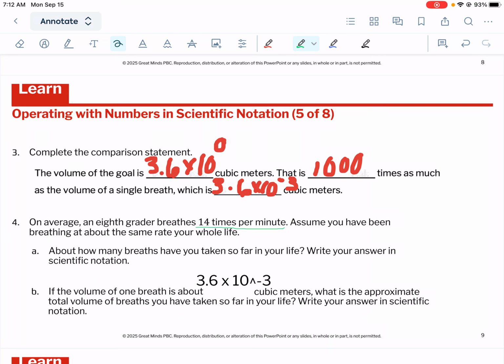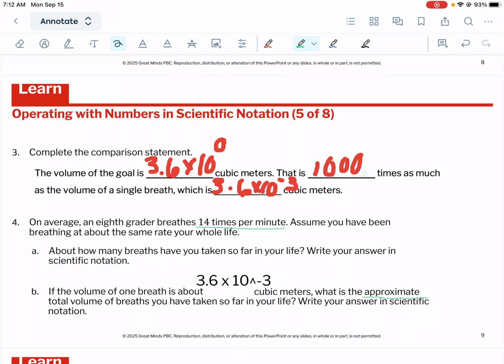If you're back and you have your answer in scientific notation, we're moving on to B. If the volume of one breath that you take is the same as the volume from the last example, 3.6 times 10 to the negative third cubic meters, then what is the approximate, underline that, so we're going to round, total volume of breaths you have taken so far in your life?